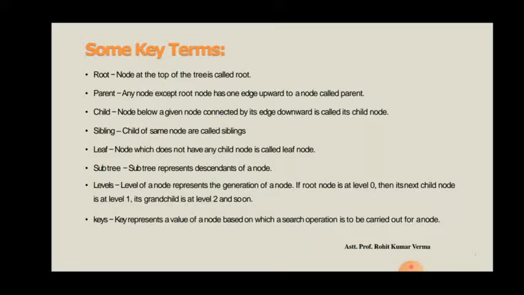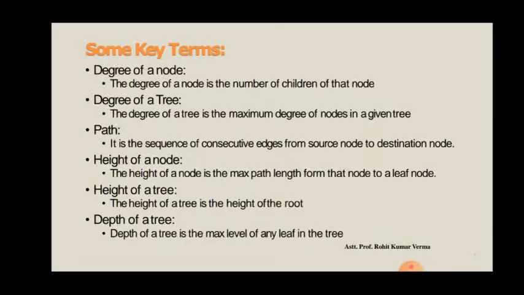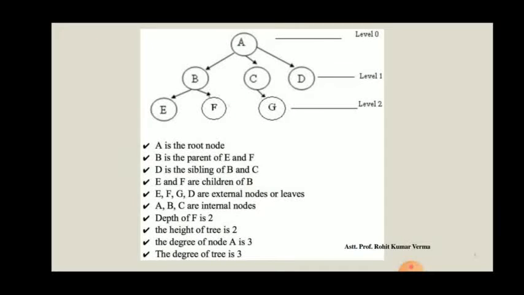Dear students, if someone asks how many levels exist in this tree: for the root node the level is 0, for the child node the level is 1, and for the grandchild node the level is 2. So we have a total of 3 levels, from level 0 to level 2.